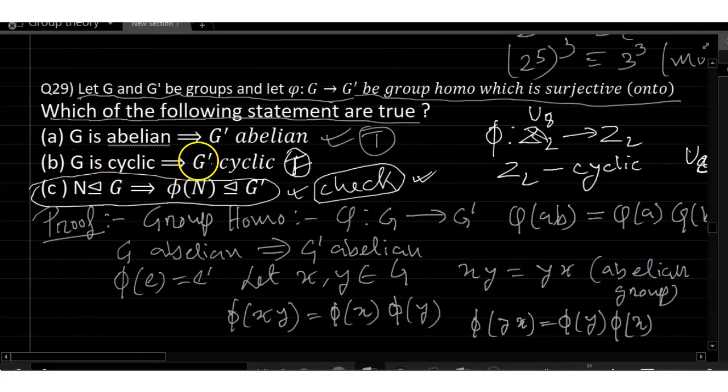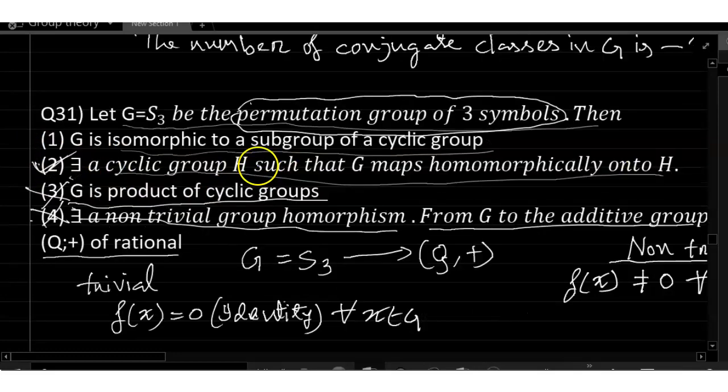That implies this is not possible. If G is Abelian, G dash is Abelian. This is possible. Okay, but I will check and inform you whether this is correct or not. G is isomorphic to a subgroup of a cyclic group. This option is not correct.